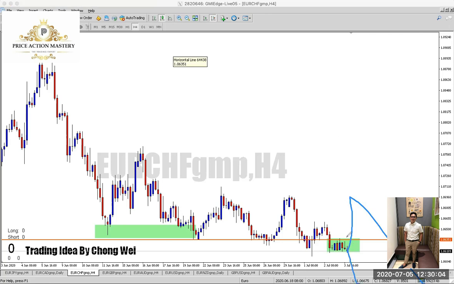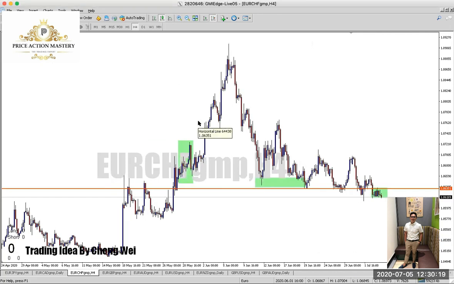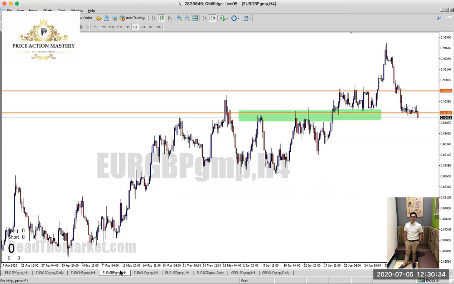If the seller is unable to win, then the buyer might bring the price to this high and have a drop, because we can see very clearly this is overall a very good sell area. Another advice for the upcoming week, the 6th of July until the 10th of July, we will experience slow market movement.